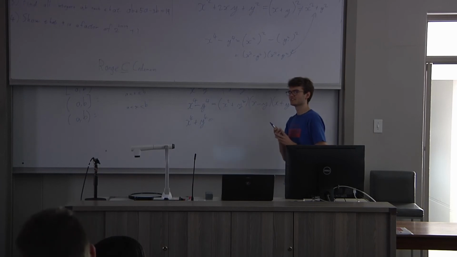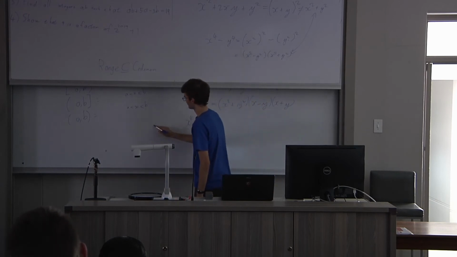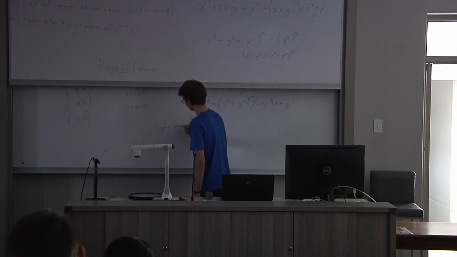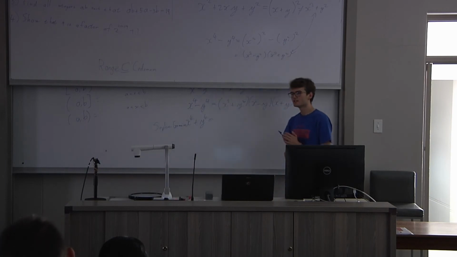I don't think that can be factorized. Isn't there a special Sophie someone or other language? So this is known as Sophie Germain factorization. Do you know how to do it?